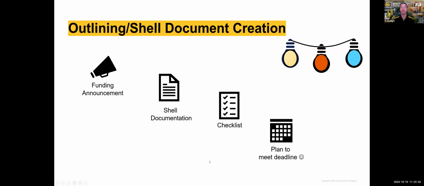If you have a large team, do you need regularly occurring team meetings? Will you need graphics involved? If so, when will you have your graphics completed by? All those things you want to plan out at the first stage when you're reading that solicitation. So you truly know, okay, I have 6 weeks to put this together. What are the steps I'm going to need to get to that final submission deadline?